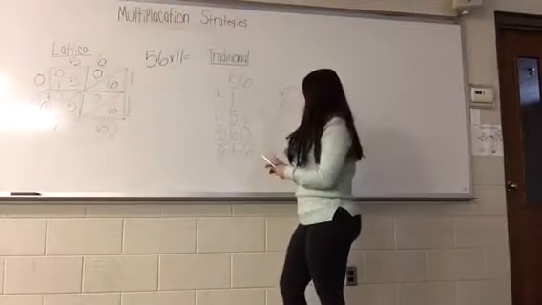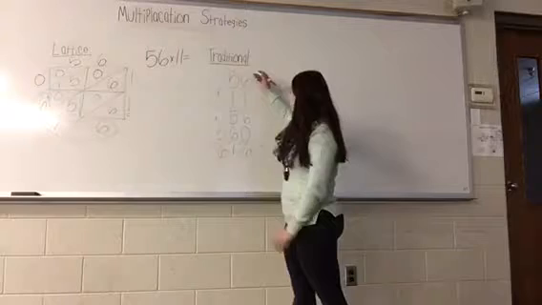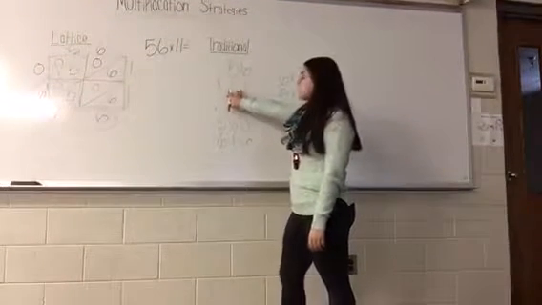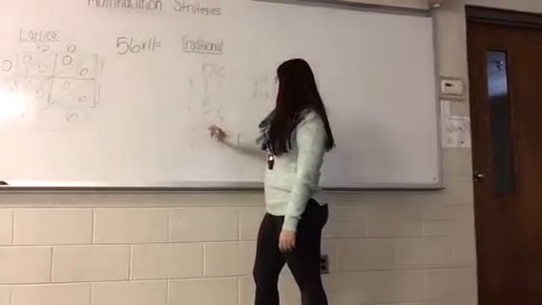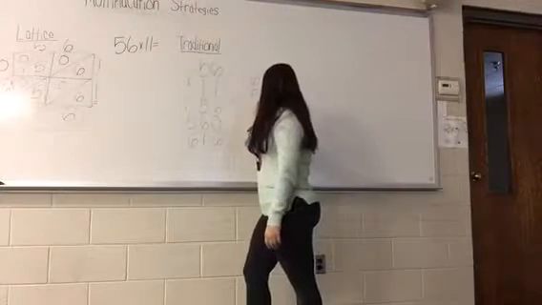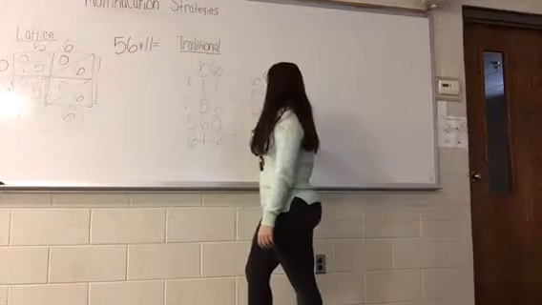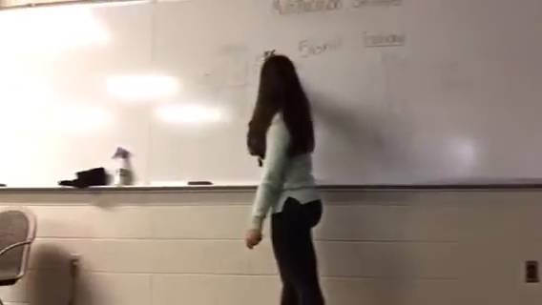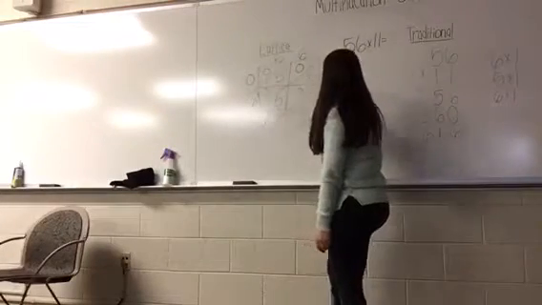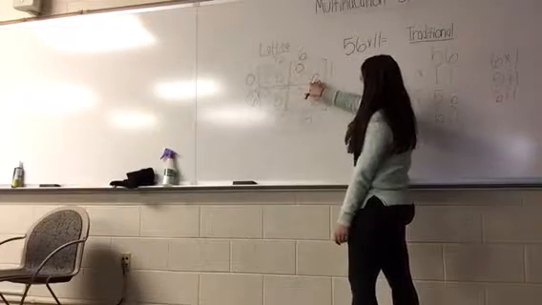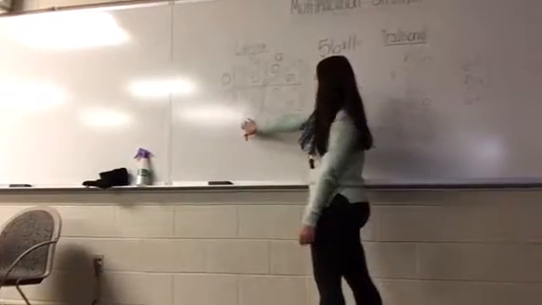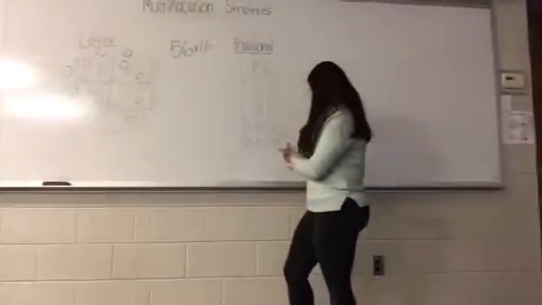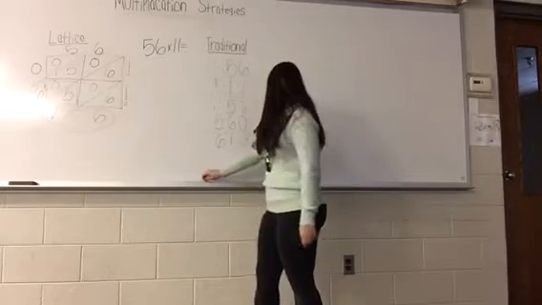Going back to my traditional method, I multiplied 1 times 6. But because the 1 is in the tens place, it is really 60. So I'm going to write that here, 1 times 6. And that is represented here as 1 times 6. You can see along these columns that 6 is actually in the tens place. So that is the same as in the traditional method.